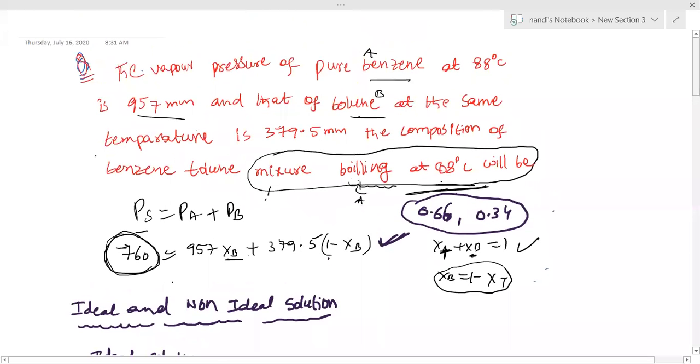What's the last class we discussed? Raoult's law has started?